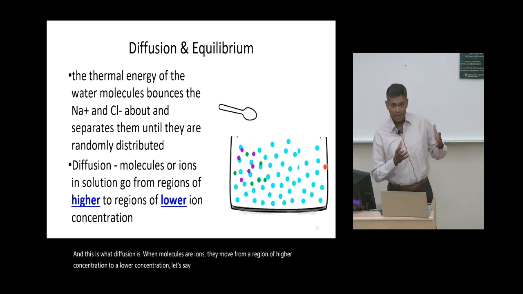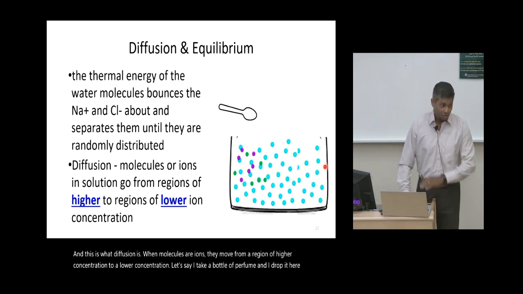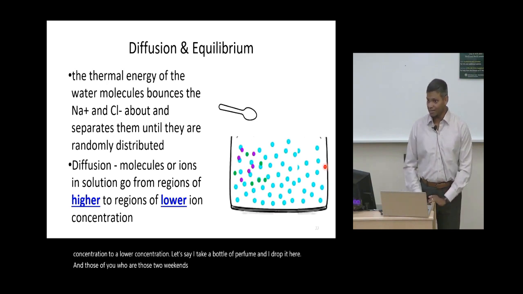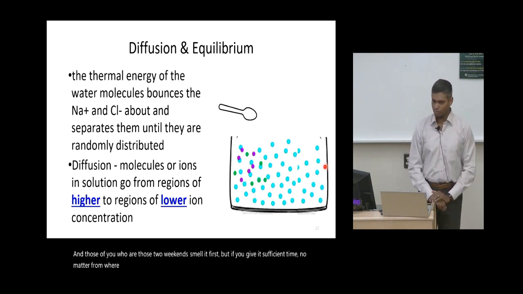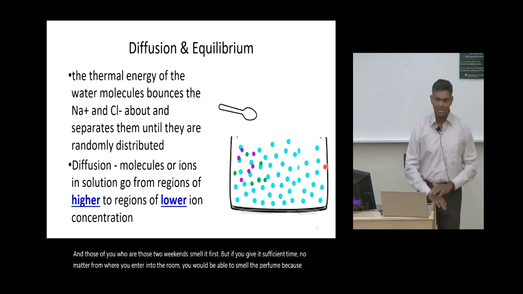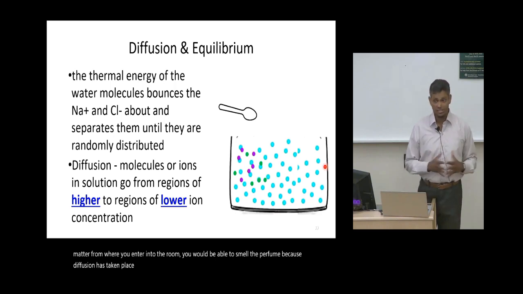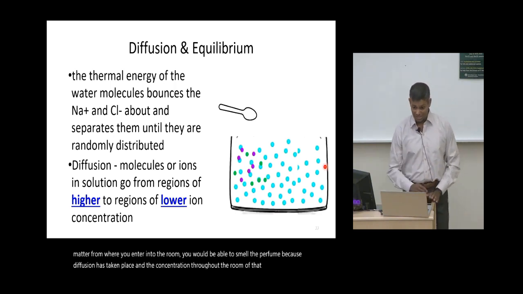Let's say I take a bottle of perfume and I drop it here, and those of you who are closest to me can smell it first, right? But if you give it sufficient time, no matter from where you enter into the room, you would be able to smell the perfume, because diffusion has taken place and the concentration throughout the room of that perfume is going to be the same.